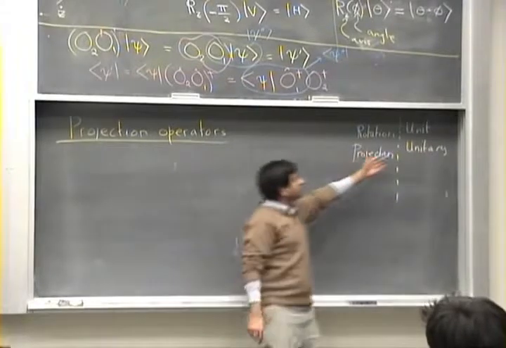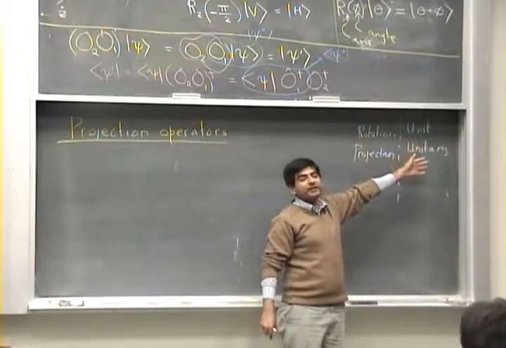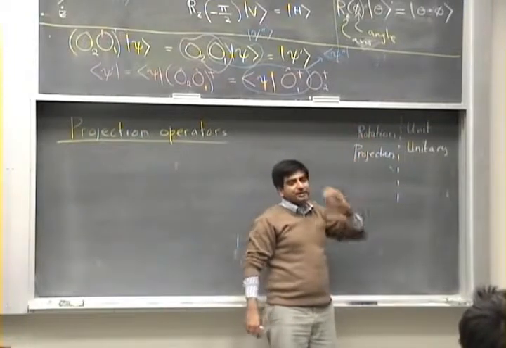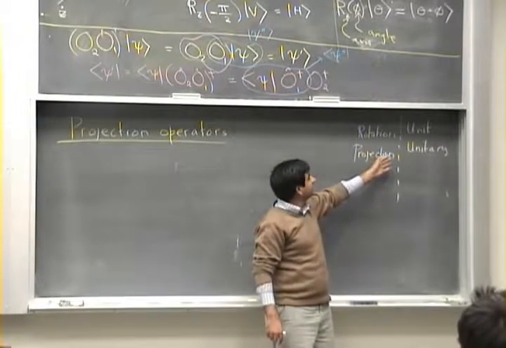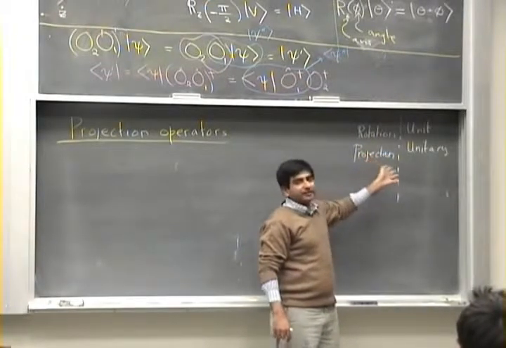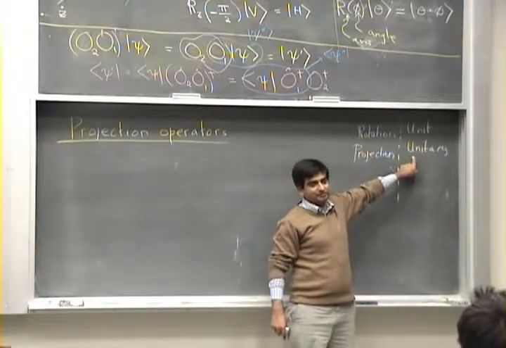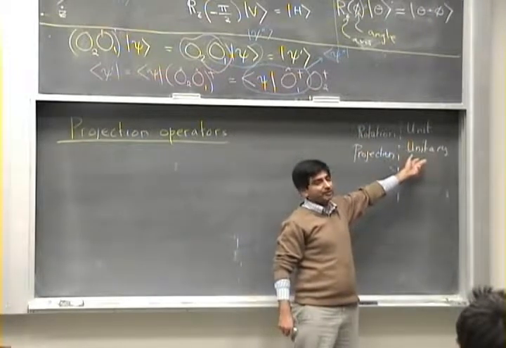So unit and unitary operators are classes of operators. Rotation and projection operators are also classes of operators, but they are categorized differently. For example, a rotation operator is unitary. A projection operator is not unitary.